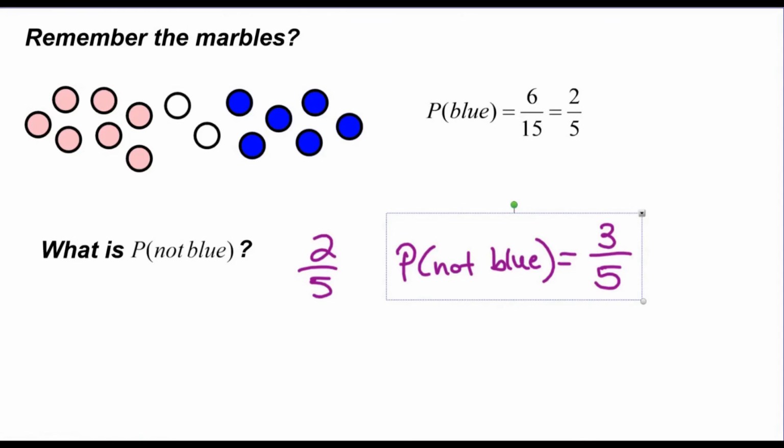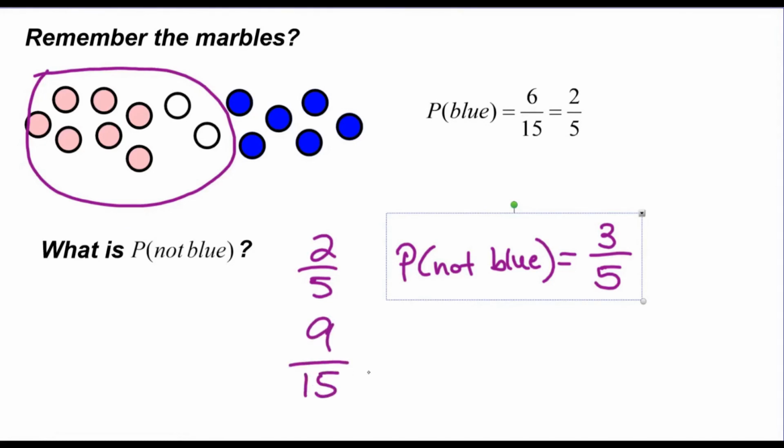And again, we can confirm that because if we look at all of the outcomes that are not blue, there are 1, 2, 3, 4, 5, 6, 7, 8, 9 out of the 15 marbles that are not blue, which is 3/5. So sometimes finding the complement is a faster or easier way to calculate the probability of a given event.